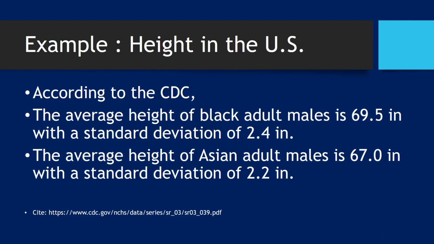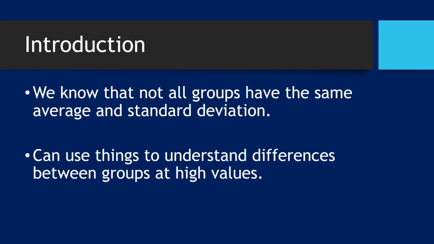Again, if used incorrectly, you could come up with some really dumb racist arguments or really bad ideas. So use these things correctly, don't use them incorrectly. But it does show us that certain changes in averages in a group make a difference for those high values, given that groups have roughly the same standard deviation.